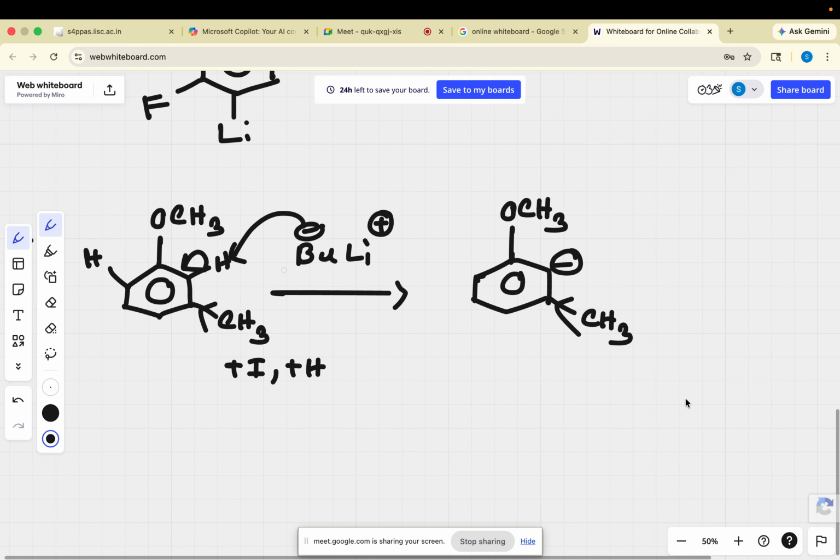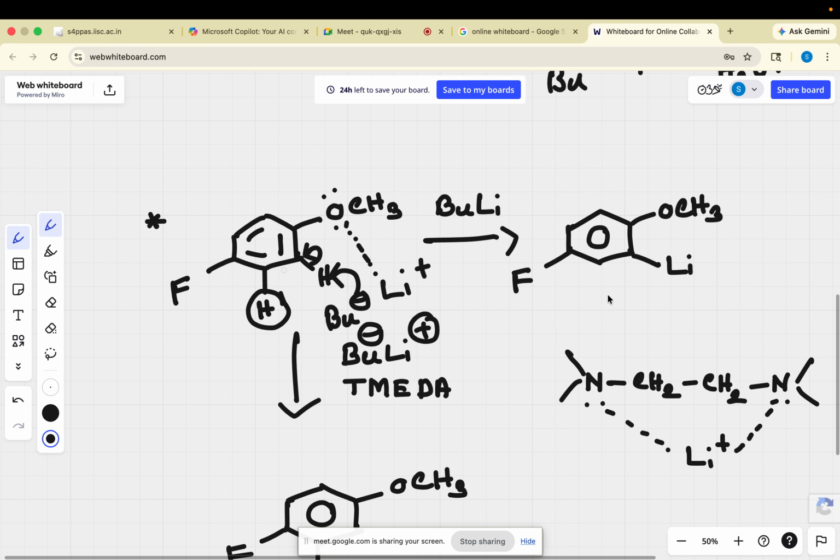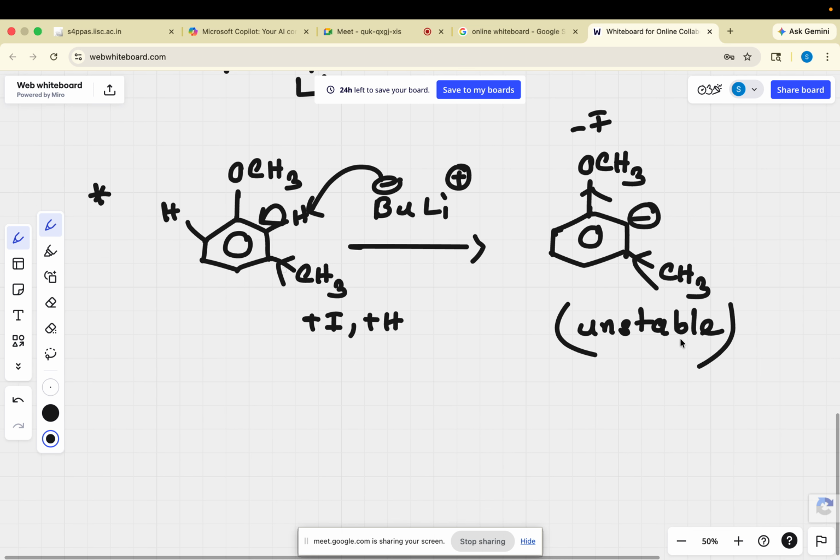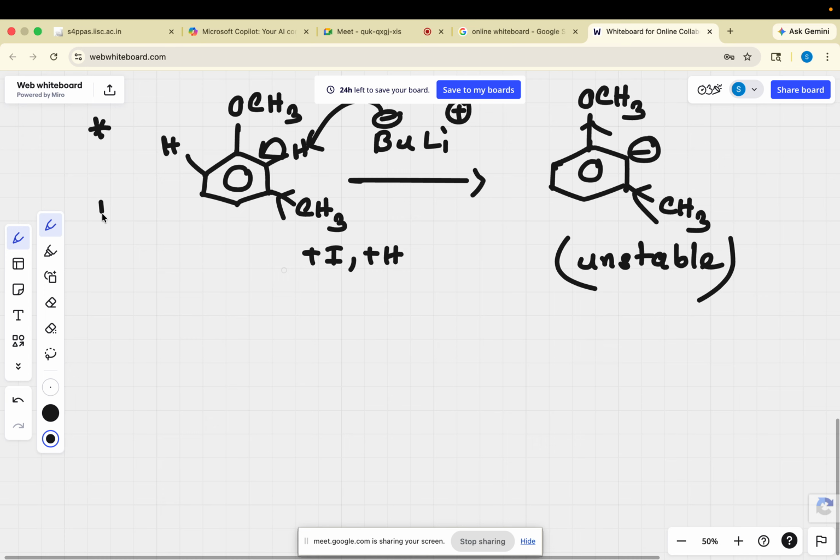Okay, so this carbanion is basically unstable. This carbanion is becoming unstable. Why? Because you have an electron donating group here. In the previous example, both the groups are electron withdrawing. Here, one is electron withdrawing, with a minus I effect, but the methyl group will show plus I or plus H. So that's why it becomes unstable, and that's why the butyl minus will abstract the proton from the left hand side.